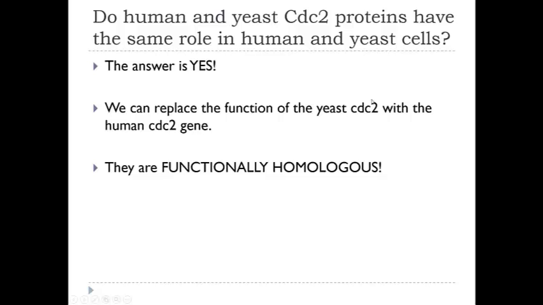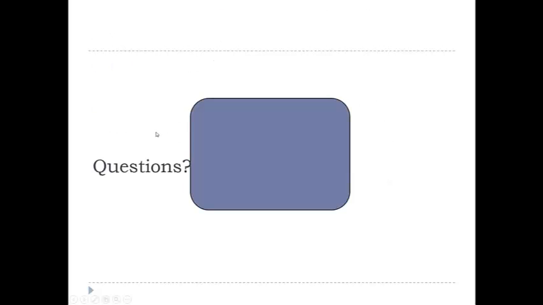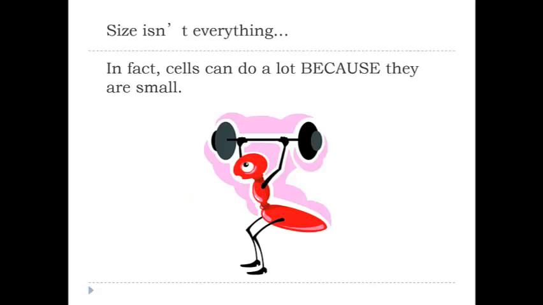This yeast with the mutant, its own form of the CDC2 not working, could then reproduce with a human form of the CDC2. Any questions? So many studies of human genes have been done in this manner, and we understand a lot more about what happens in human cells because of these models, such as Saccharomyces cerevisiae.